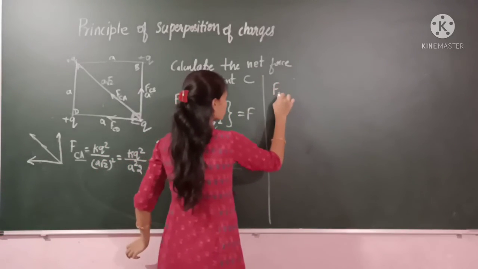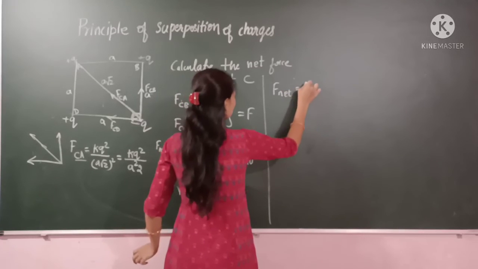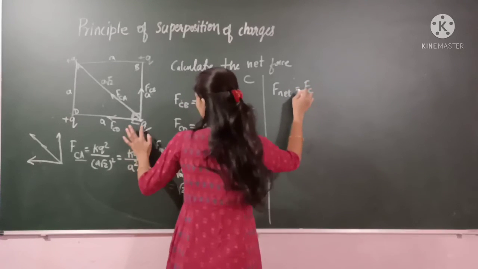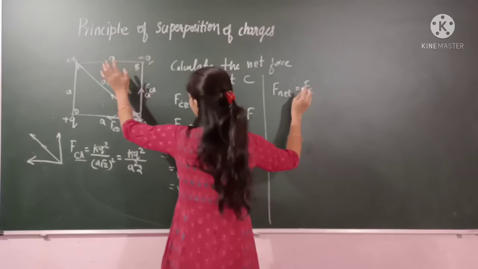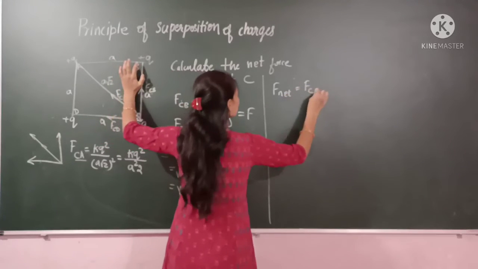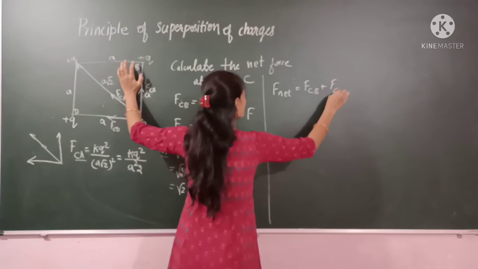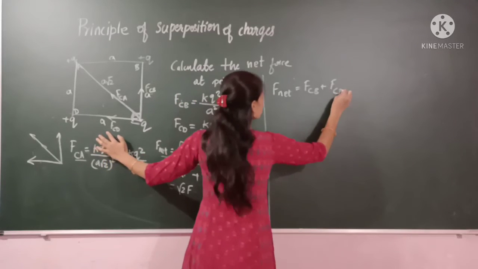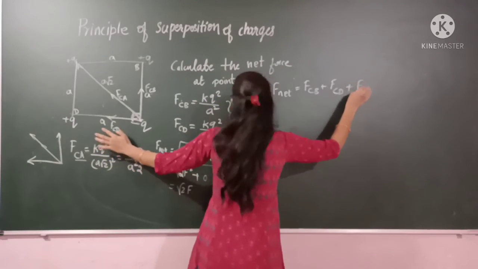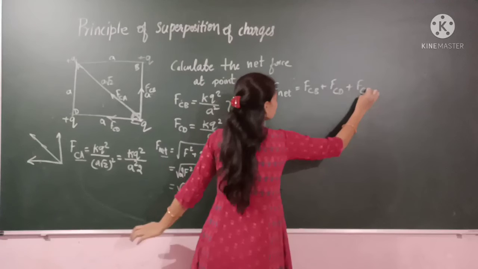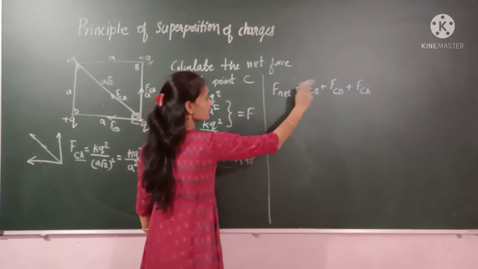F net is equal to force on C because of B plus force on C because of D plus force on C because of the A charge. Okay, this is our calculation.